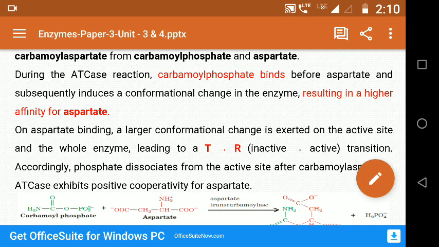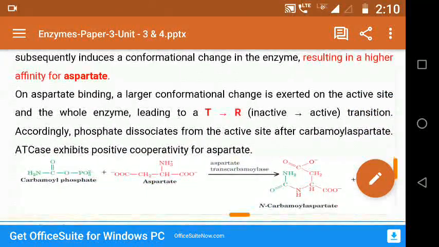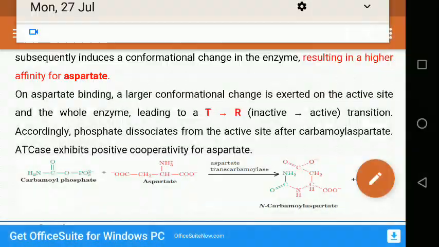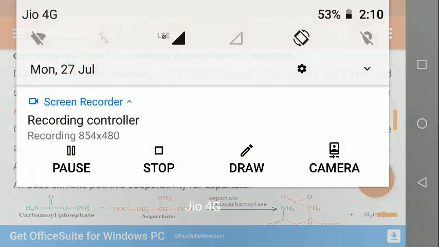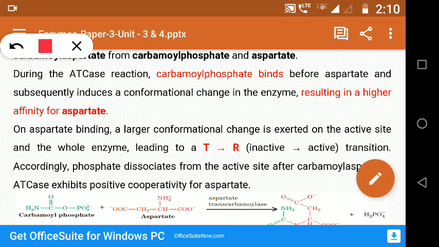During the ATCase reaction, carbamyl phosphate binds before aspartate does. So first the enzyme binds carbamyl phosphate, the first substrate.